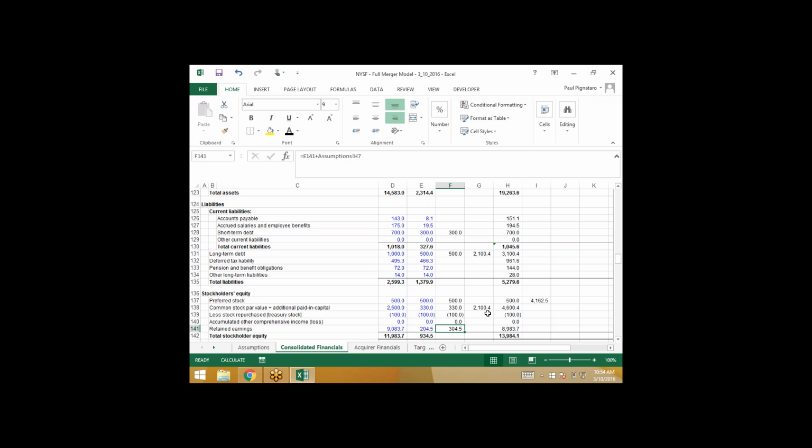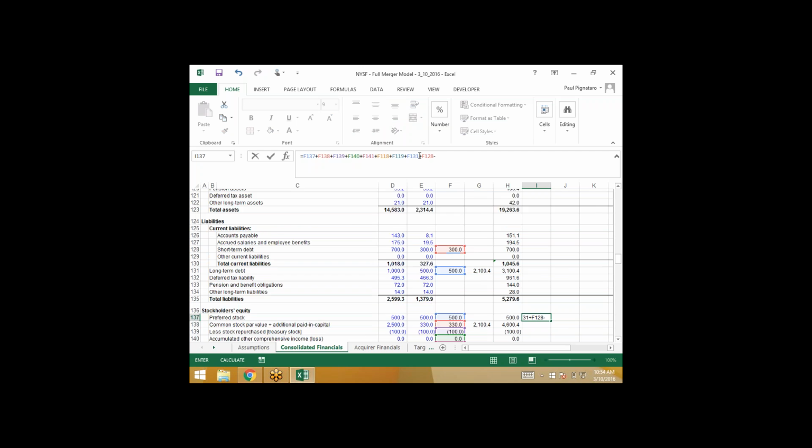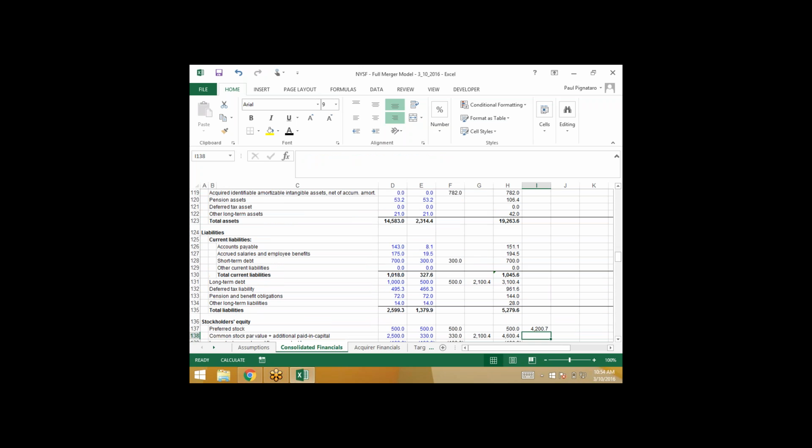Okay, so that gets to my next question. What are total uses? It's the purchase price plus the fees plus what? Plus the net debt that we've paid. So this is already purchase price plus fees plus short-term debt plus long-term debt minus cash gets us to total uses, right?